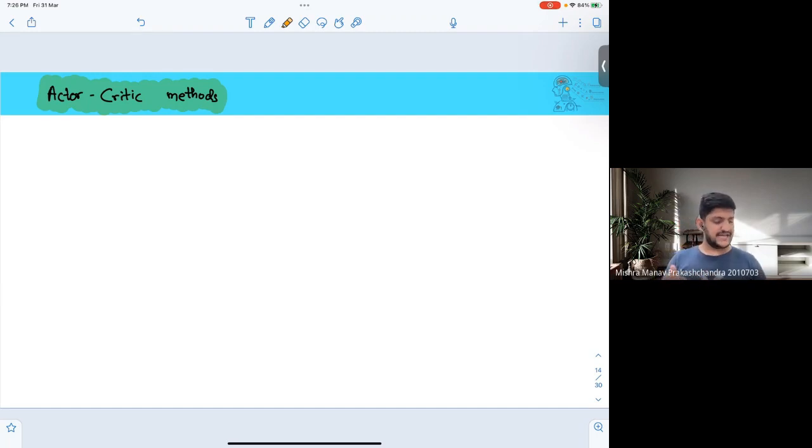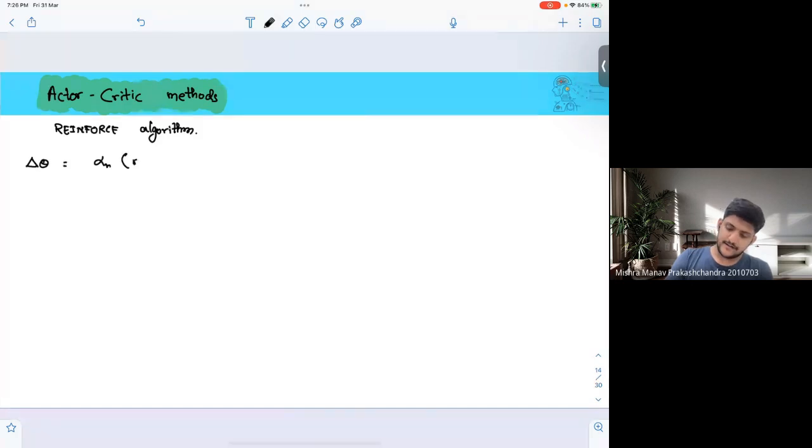For that we go back to the reinforce algorithm, which we had discussed in week 3. For this particular algorithm, my update rule looks like delta theta is equal to alpha n times Rn minus Bn times dou by dou theta of ln pi. This is for the bandit case. This is the reinforce update rule.